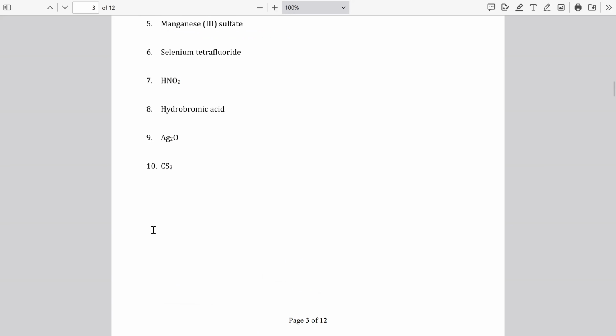Everybody remembers which of our elements always have the same charge, and we don't need a Roman numeral on this one.